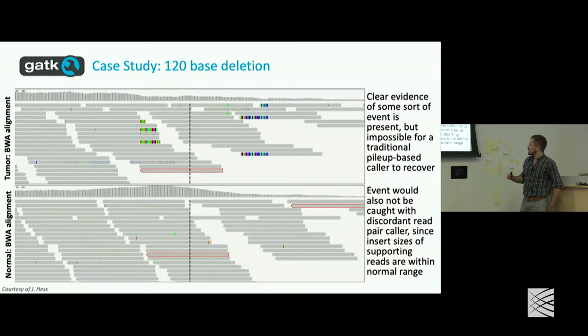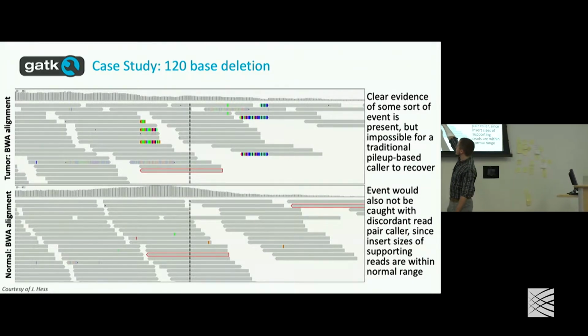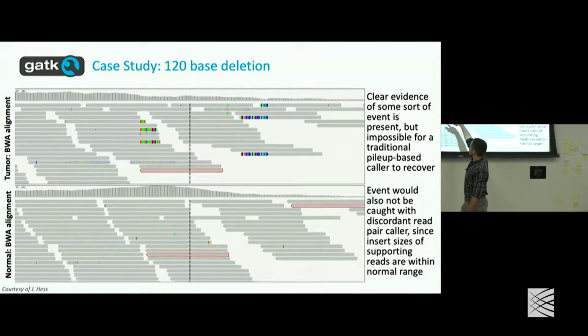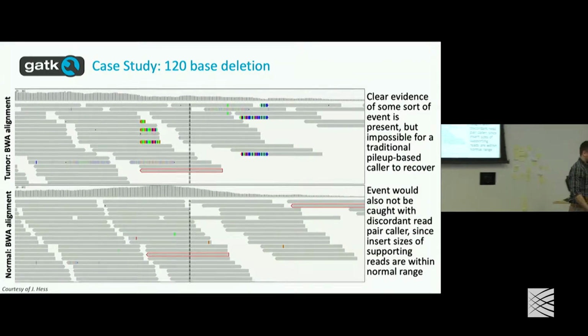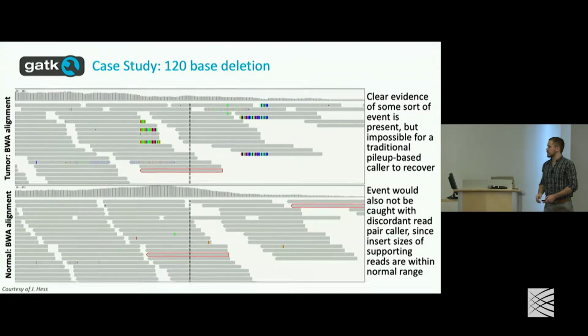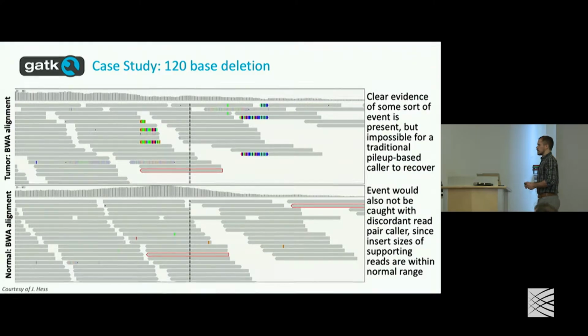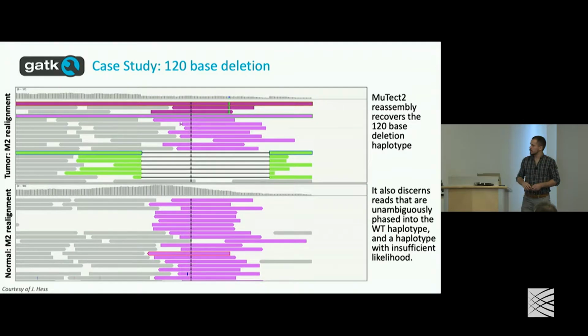If we look at the reference closely, we can see that these bases map somewhere over here, and these bases map somewhere over there, but the aligner does not have the power to know that because it doesn't look at or assemble things locally. We can do that using the HaplotypeCaller, and we get a very nice alignment out of that, and we see that there's, in fact, a 120 base pair deletion.